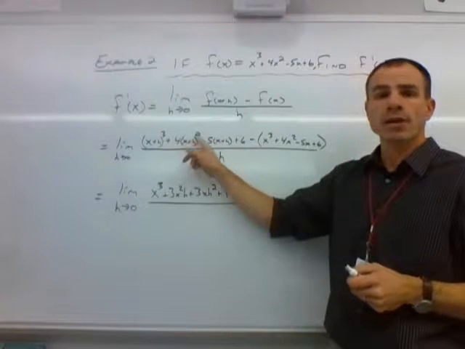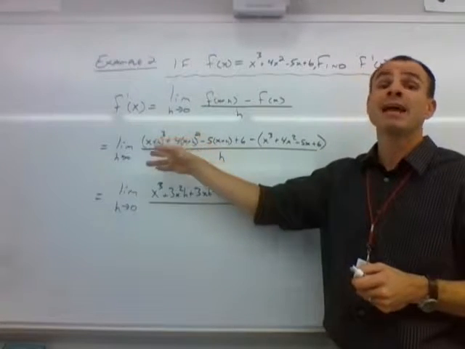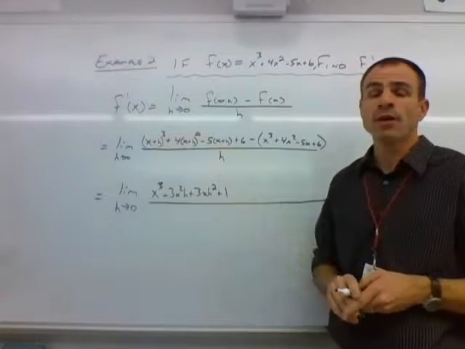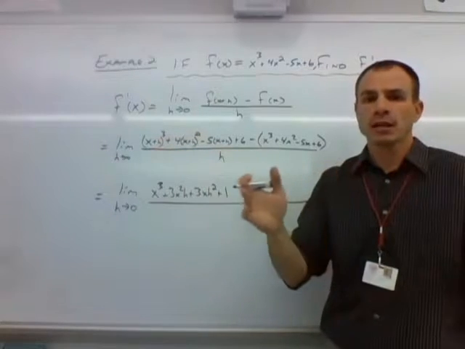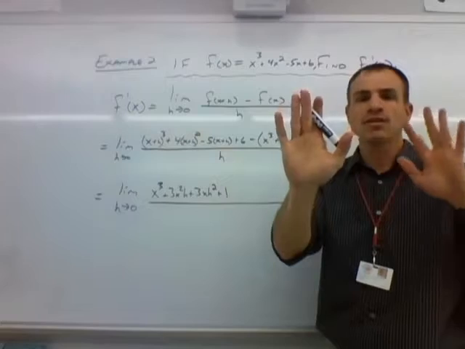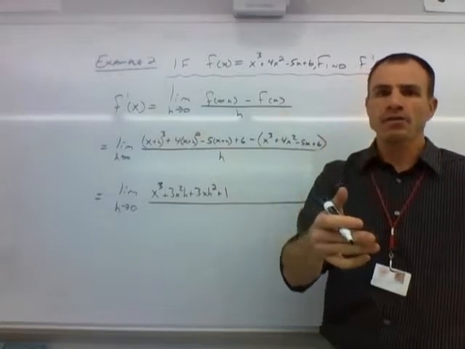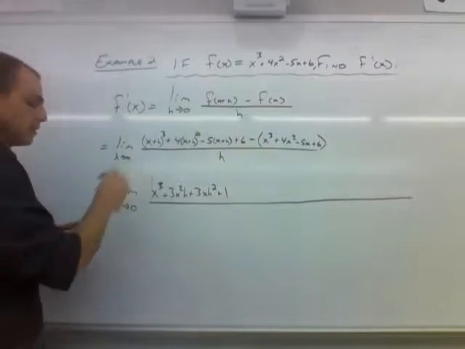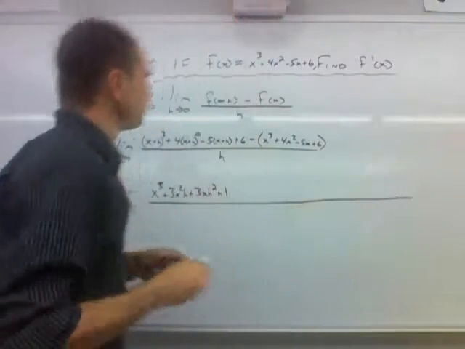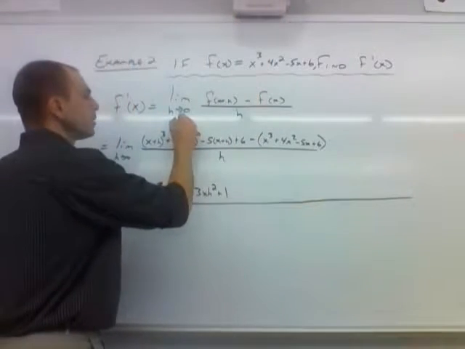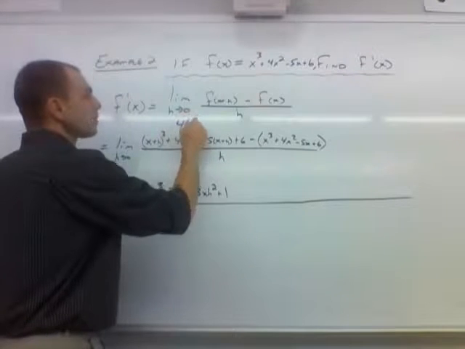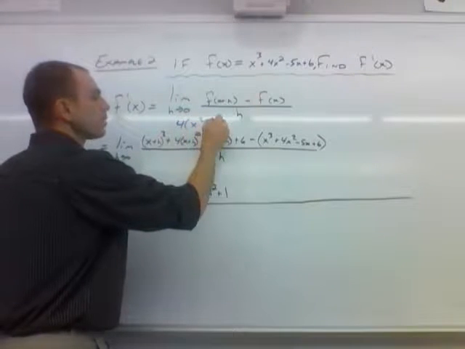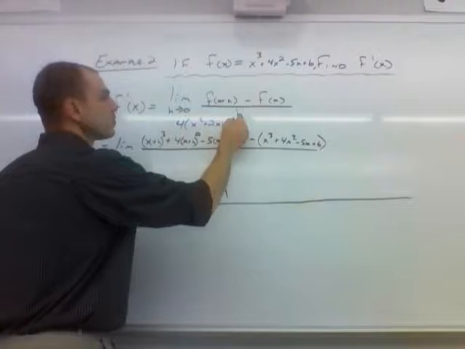Now, order of operations says we have to do the exponent and then multiply the 4. If we do the exponent out, that means we're expanding the binomial. So that's x plus h times x plus h. We've done that as well in a previous example. This 4 is still out front, and x plus h times itself is x squared plus 2xh plus h squared.